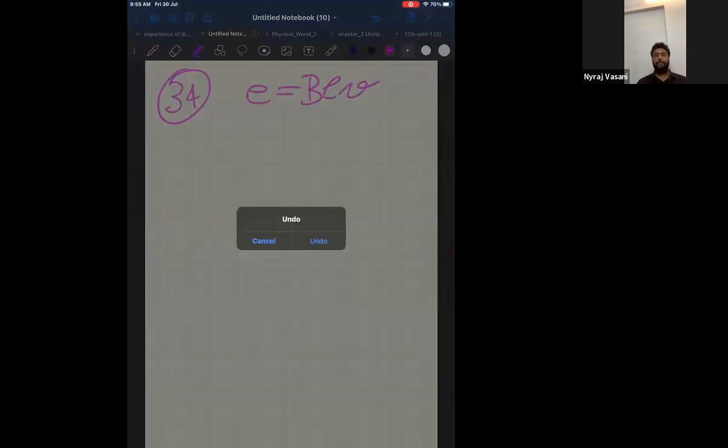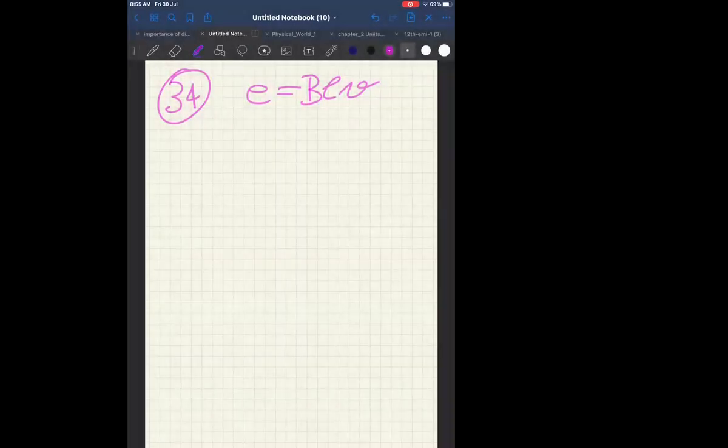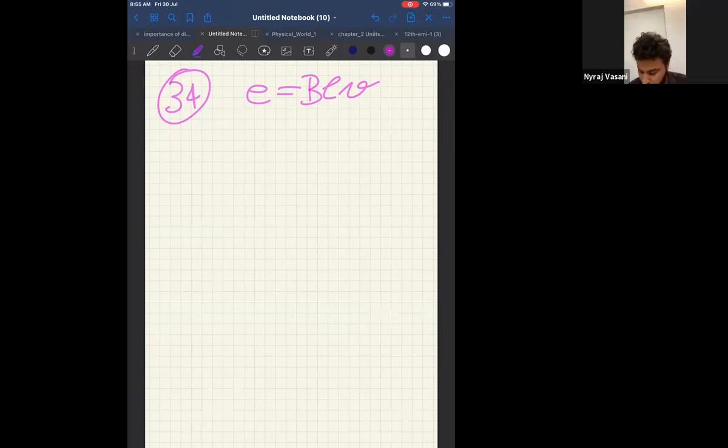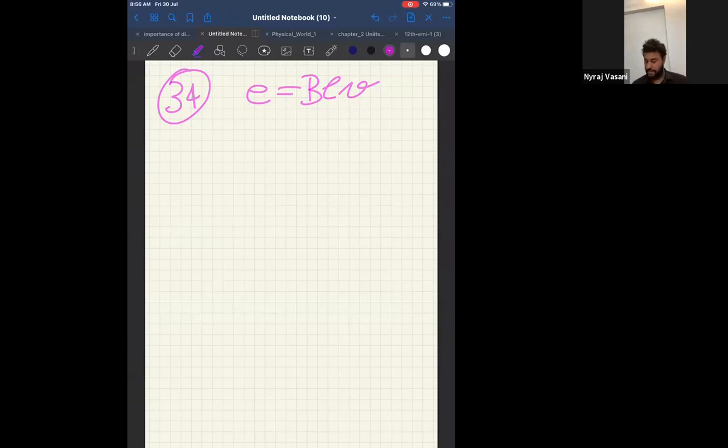Option C. Answer should come as C itself. Just check if everyone is getting it.